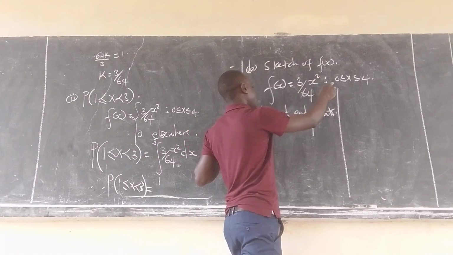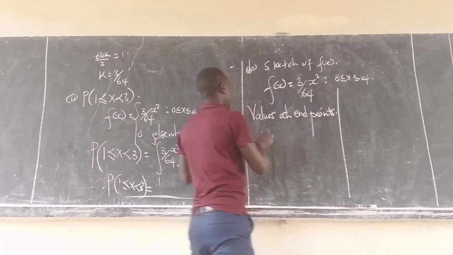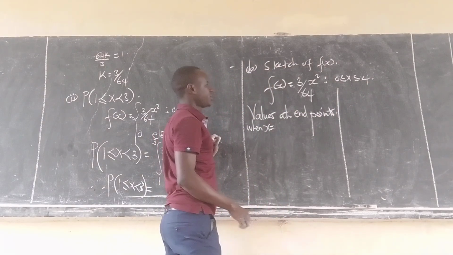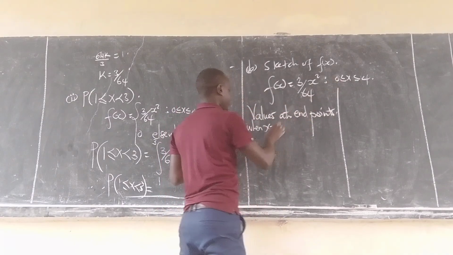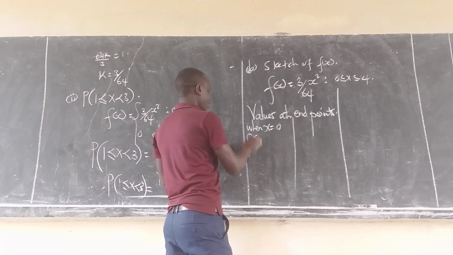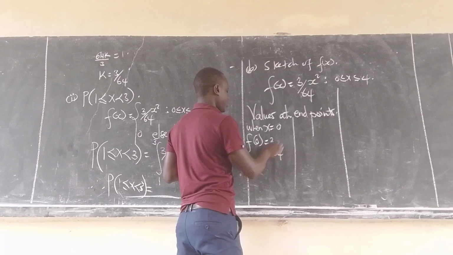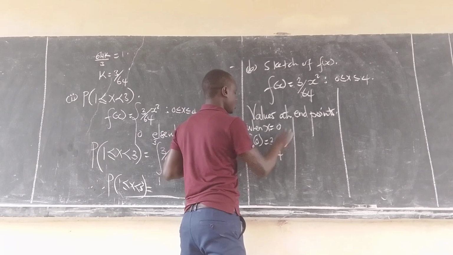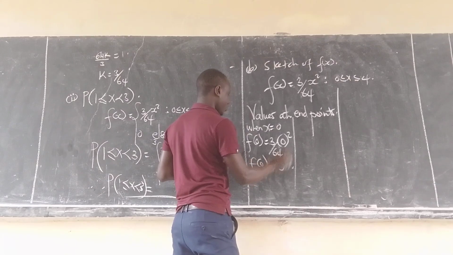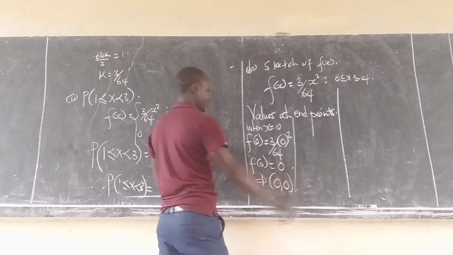The end points have an x coordinate of 0 and 4. So initially, the first initial point is when x is the starting value, which is 0. So when x is 0, f of 0 is going to be 3 over 6 times 0 squared, and our f of 0 is going to be 0, which means our curve must start at 0, 0.